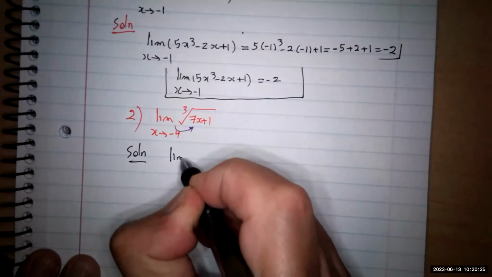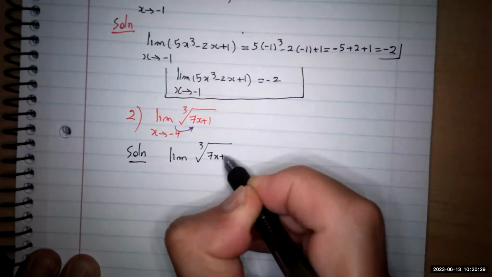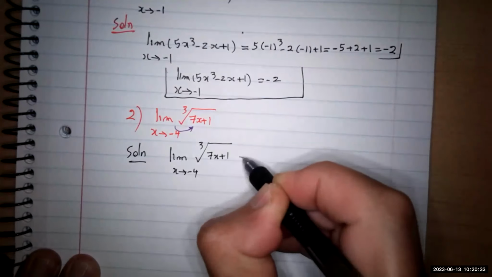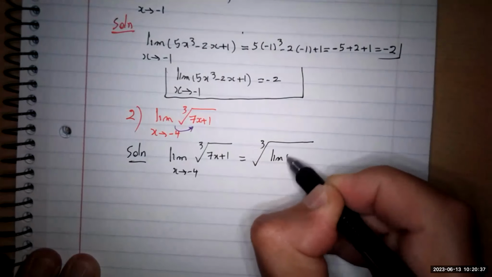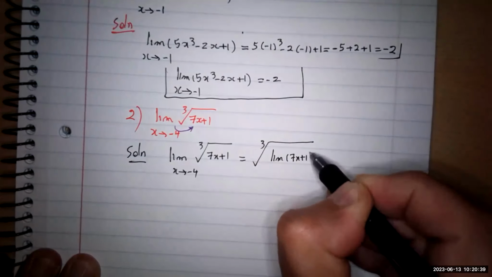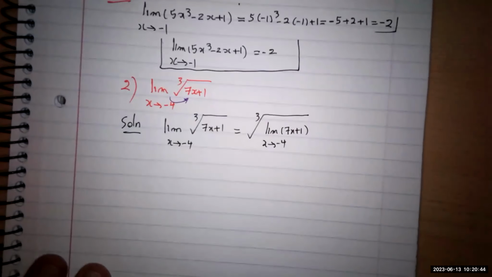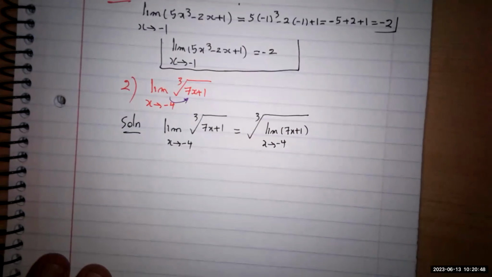According to the theorem, the limit of the cube root of 7x plus 1 as x goes to -4 is the cube root of the limit of 7x plus 1 as x goes to -4. What type of function is 7x plus 1?